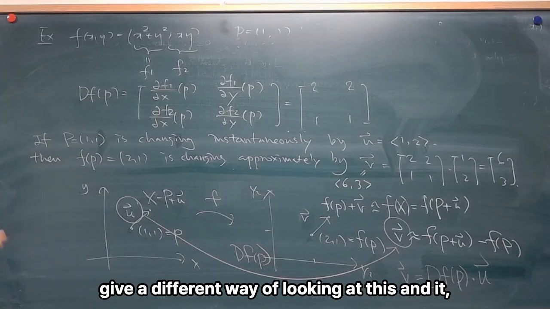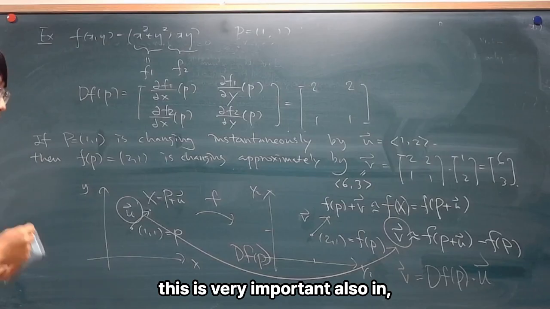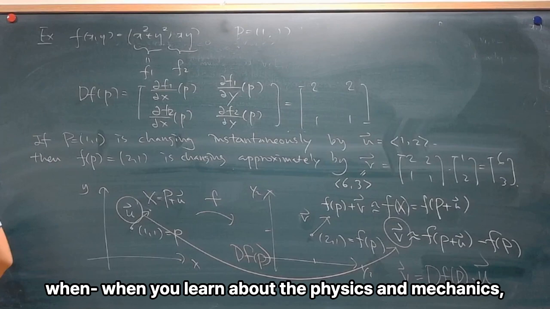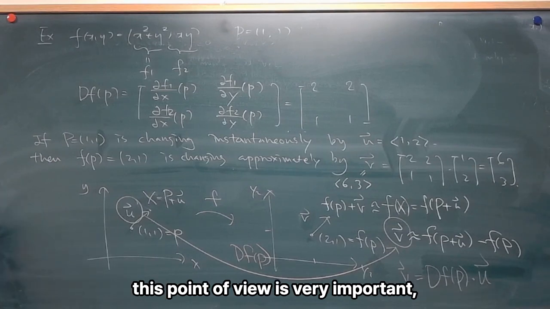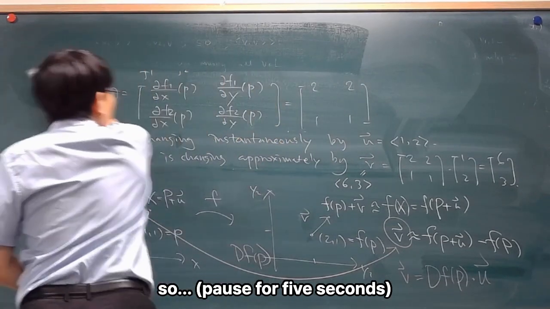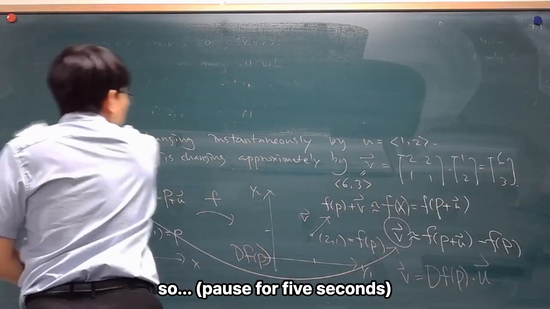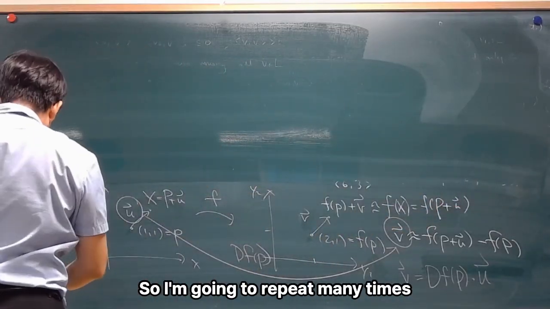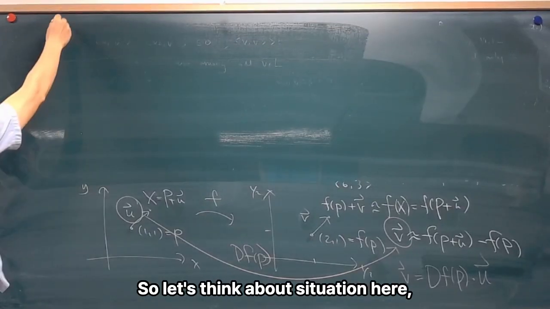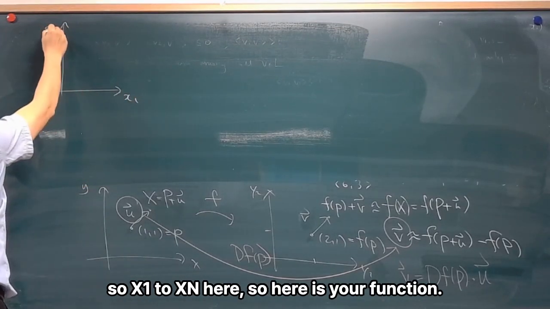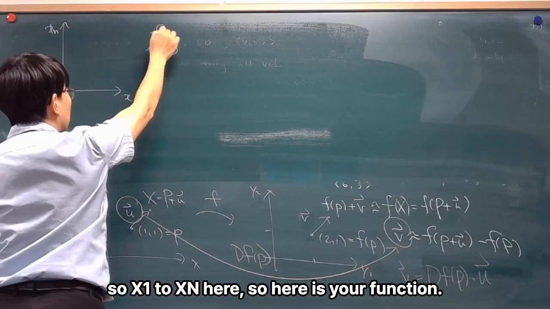Let me give a different way of looking at this, and this is very important also when you learn about physics and mechanics. This point of view is very important. I'm going to repeat many times what I just said. So let's think about the situation here. x1 to xn here, and here is your function.